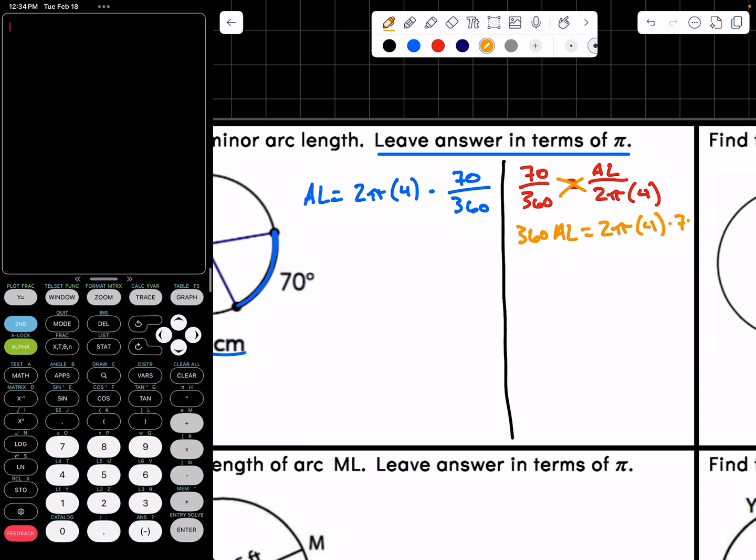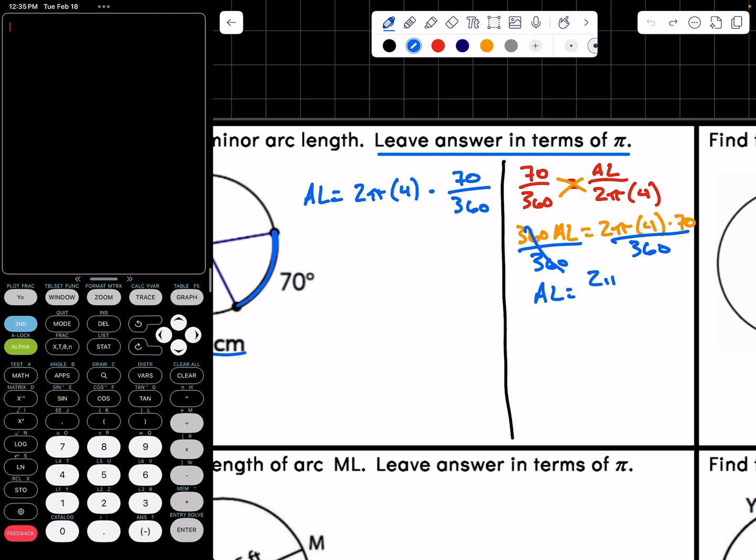And then that's going to be multiplied by 70. And then I'm going to end up dividing both sides by 360. So we end up with AL equals 2 pi.